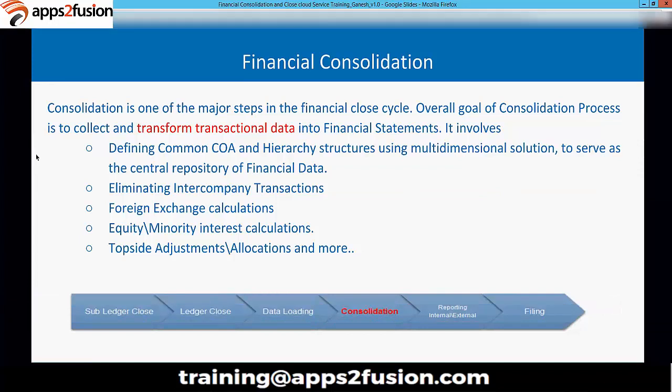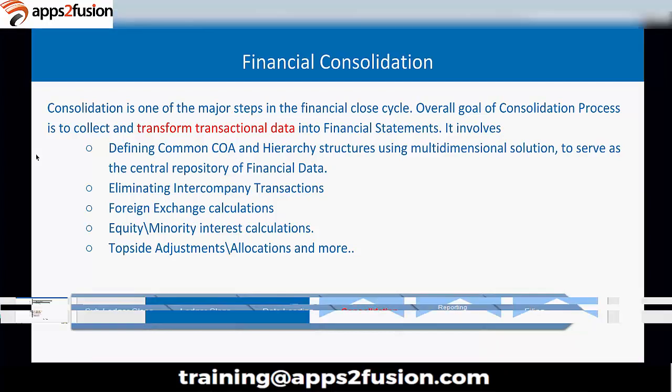The second most important thing that happens is eliminating intercompany transactions. Now take the example of brick and mortar companies, for example, a car manufacturing company. You can imagine the amount of transactions within subsidiaries of the company. For example, there could be a factory located in region 1, whereas in region 2 they might be only selling the cars.